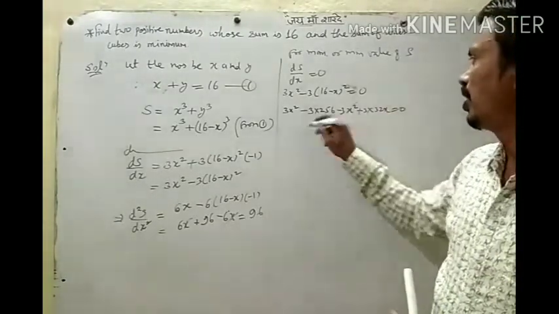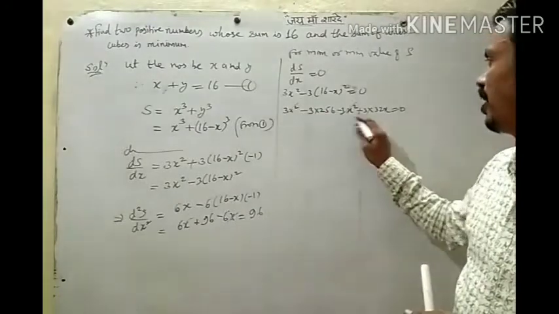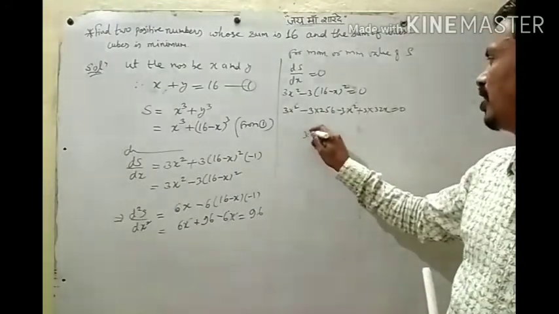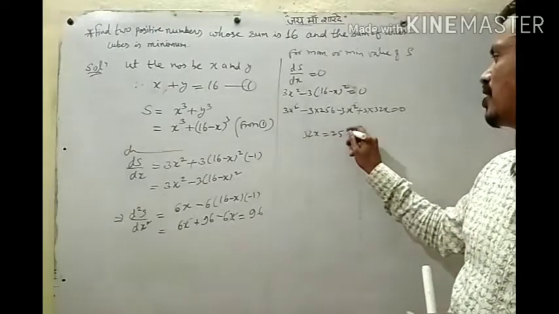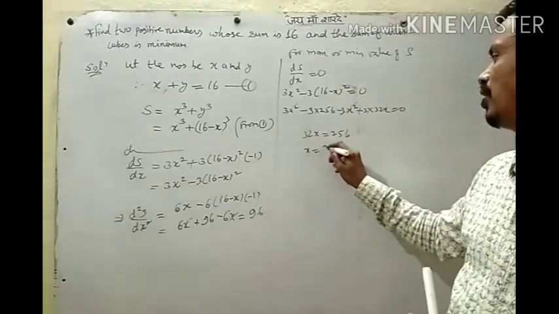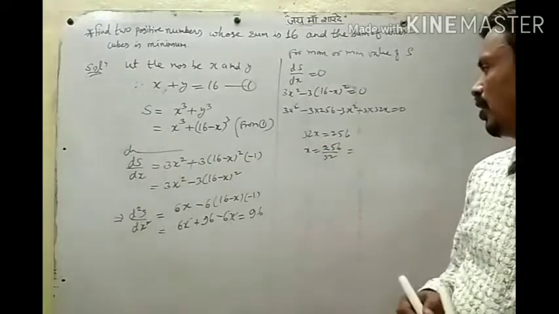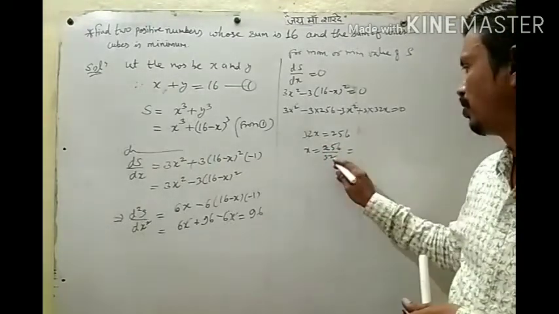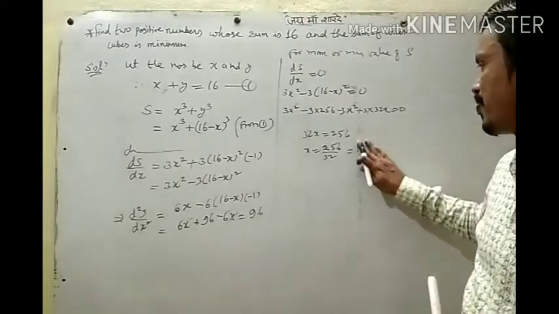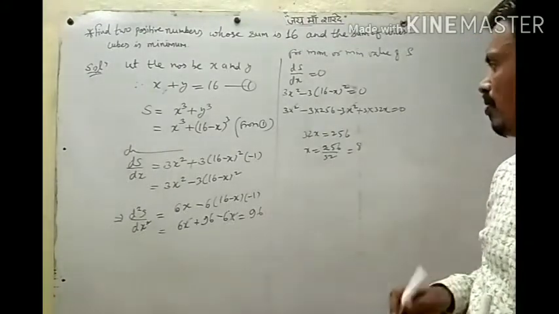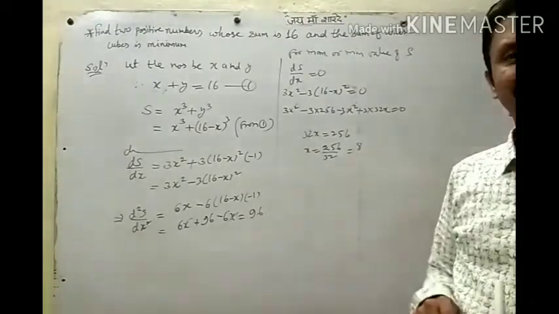So the 3x square terms cancel out. Dividing by 3, we get 32x equal to 256. Then x will be 256 upon 32. Okay, so 32 eights are 256. So x equal to 8.